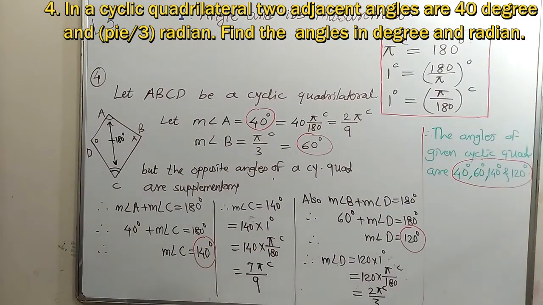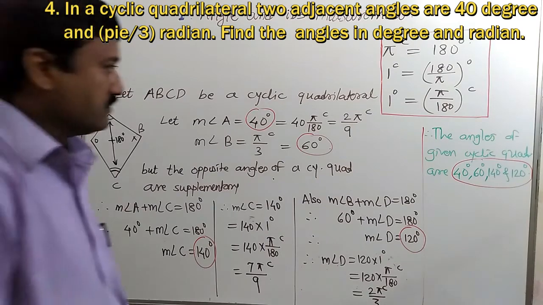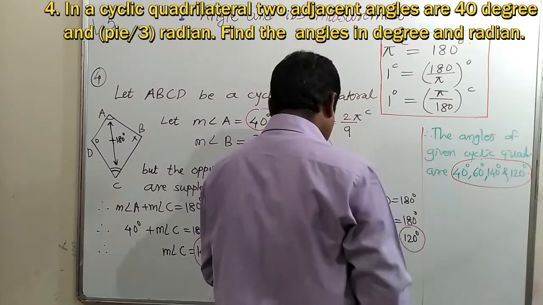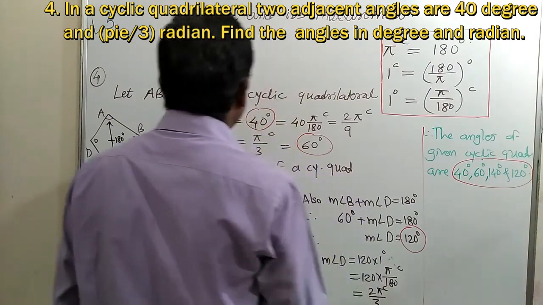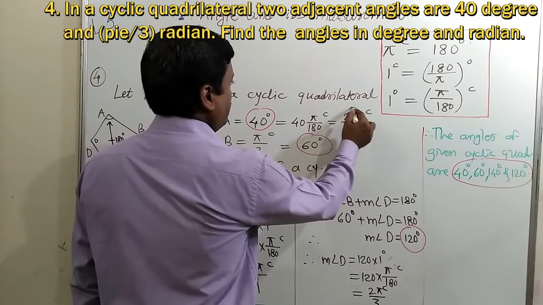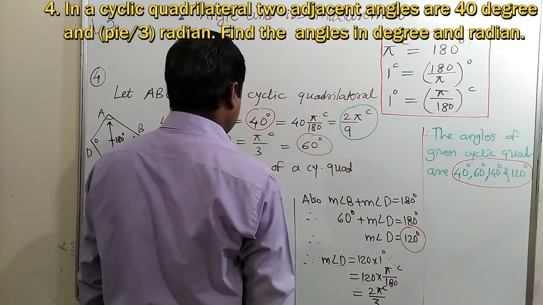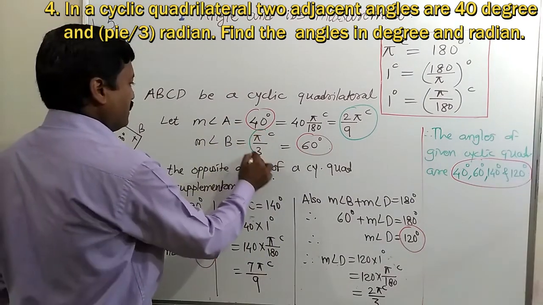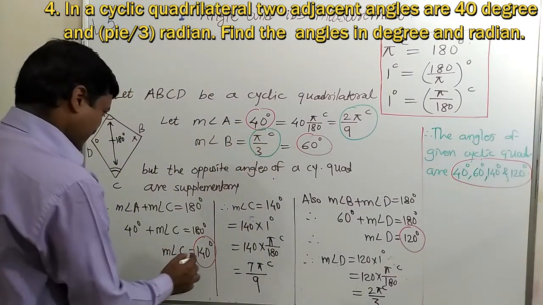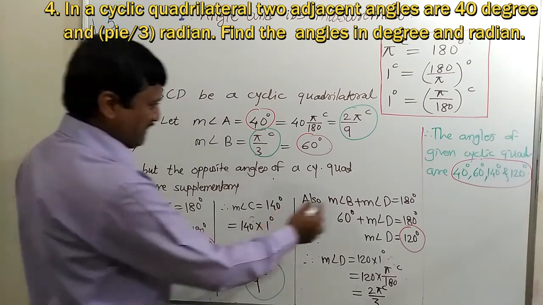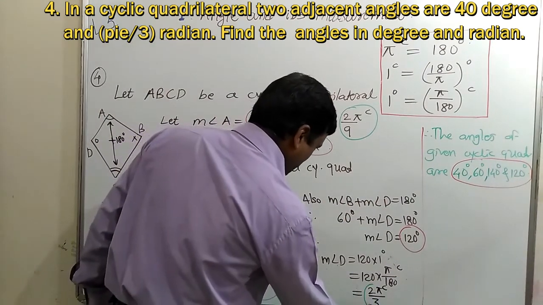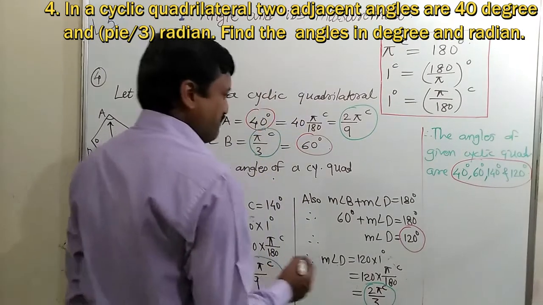Now the same angles in radian. Which are those? Angle A in radian, that is 2 pi by 9. Angle B in radian is pi by 3 radian. Angle C in radian, that is 7 pi by 9. And angle D in radian, that is 2 pi by 3 radian.